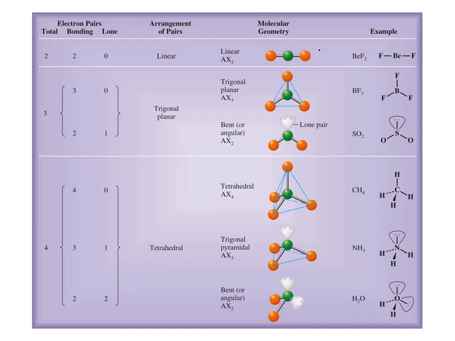So this is going to be nonpolar. This is going to be nonpolar. This is going to be polar. This is going to be nonpolar. This is going to be polar and polar.